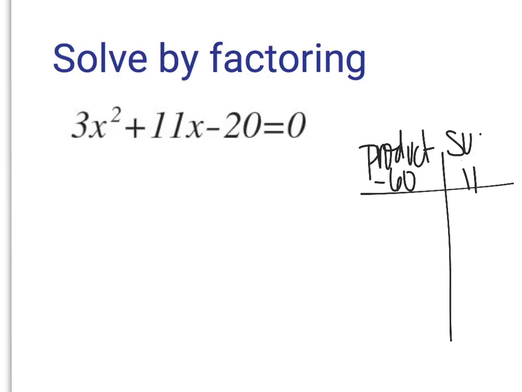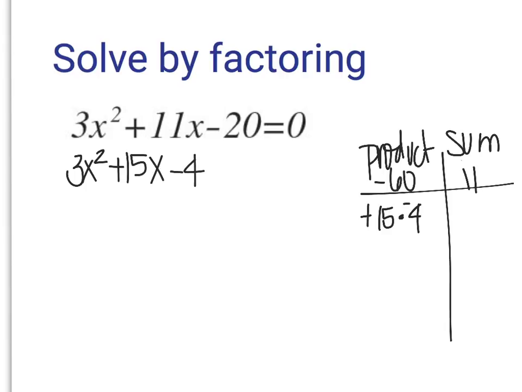Well, my factors would be a positive 15 and a negative 4, because 15 plus negative 4 is 11. So then you factor, whether that means that you rewrite this as 4 terms, 3x squared plus 15x minus 4x minus 20.